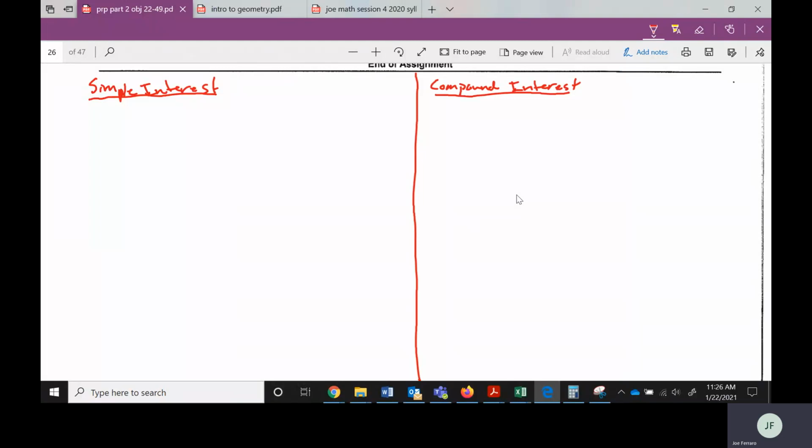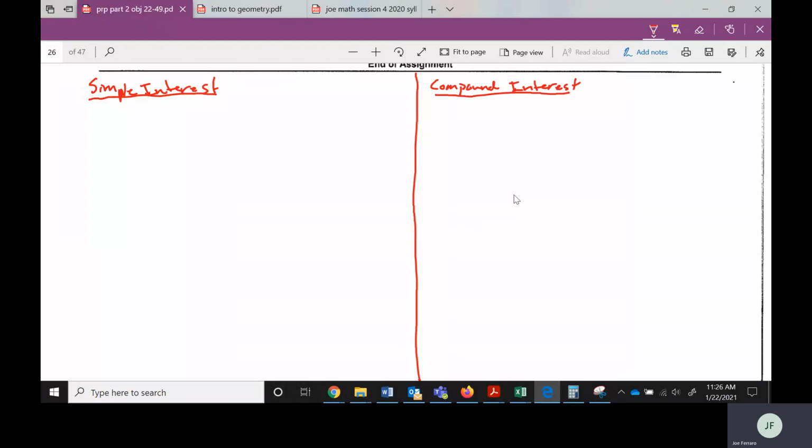Simple interest, and compound interest in a way, can be done either borrowing money, or a lot of times it is borrowing money, or investing money. So it works for either way. You probably know interest in some sort of way. If you have a savings account and you put money in there, the money will grow over time, or even more if you're talking about mutual funds or stocks.